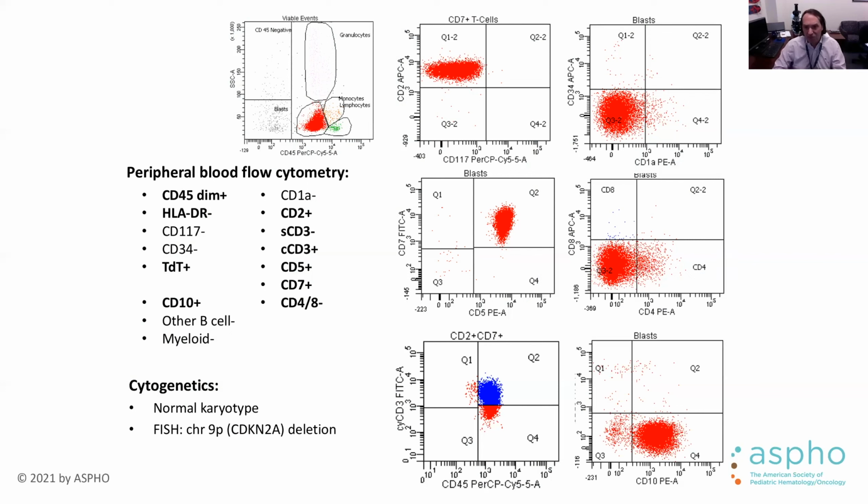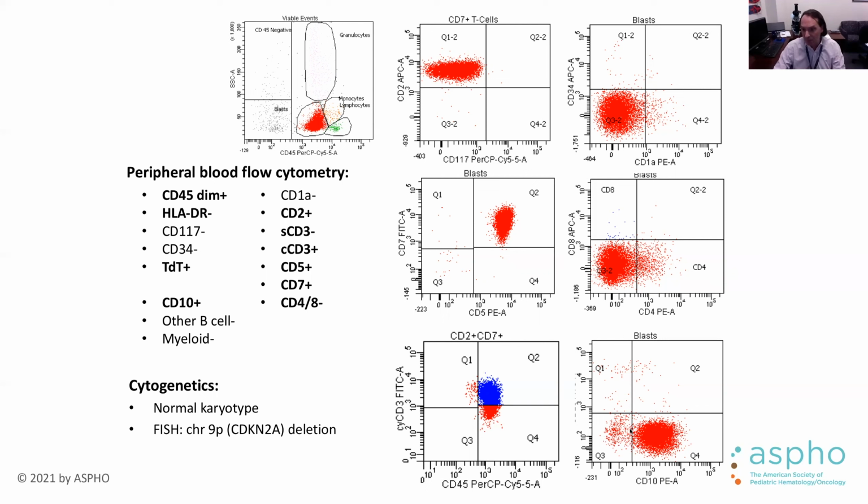By flow cytometry, these cells have an abnormal T cell phenotype where they express the canonical T cell markers CD2, CD5, and CD7. This particular case lacks the sublineage markers CD4 and CD8 and is positive for cytoplasmic CD3. It's very common for CD3 to not be expressed on the surface, but to be expressed in the cytoplasm of T lymphoblastic leukemia.